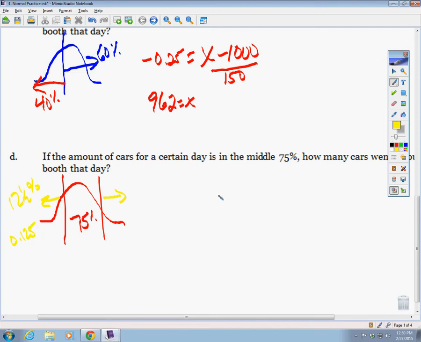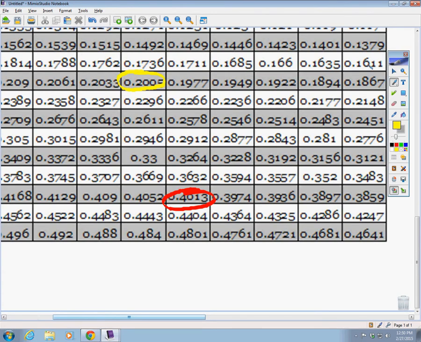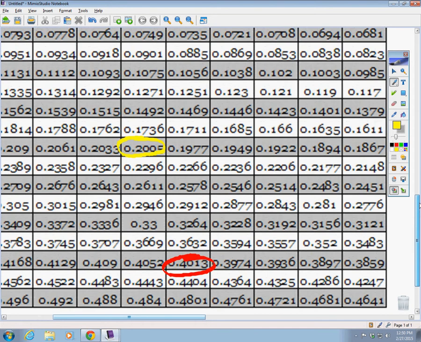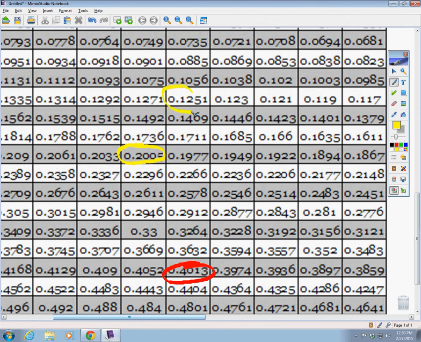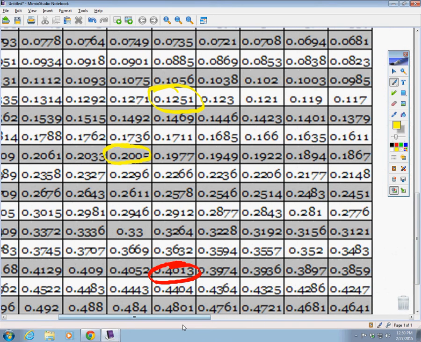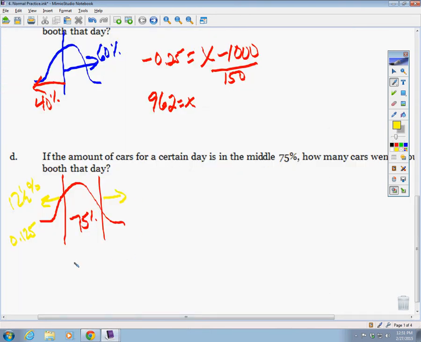So we go to our Z table and we're looking for 0.125. And there's one number that is almost exactly that, and that's negative 1.15 as the Z-score. So technically, negative 1.15 is the lower bound of the Z-score.